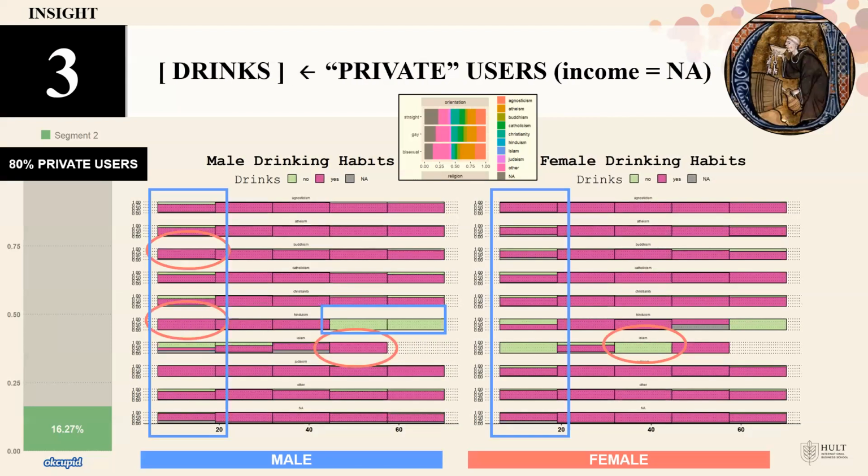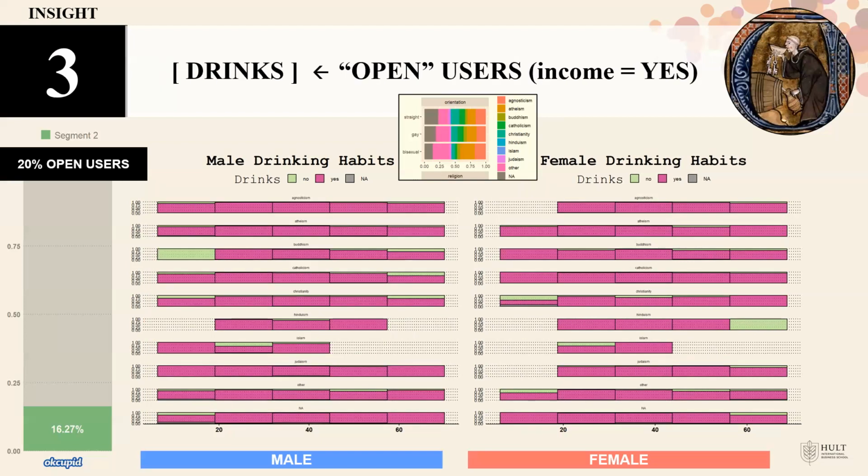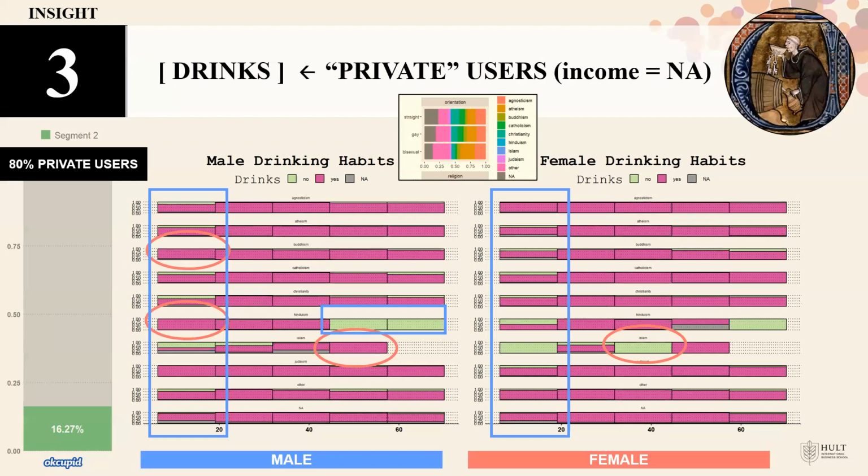And I see that those people that do share their income, they also share that they drink, while those that don't share their income pretty much say that they don't drink.